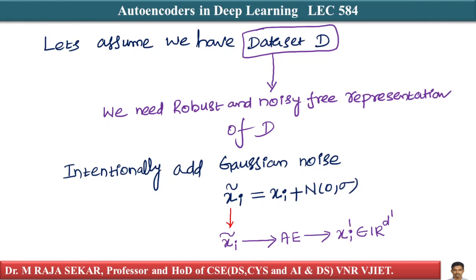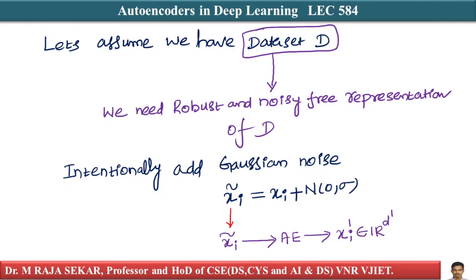We are adding noise intentionally. They take xi tilde and encode them through an autoencoder, and what you get here is your xi dash belonging to R power d dash. Now, because you intentionally added noise, the lower dimensional representation that you got will try to remove all of the noise and only learn a robust, noise-free representation of your data.